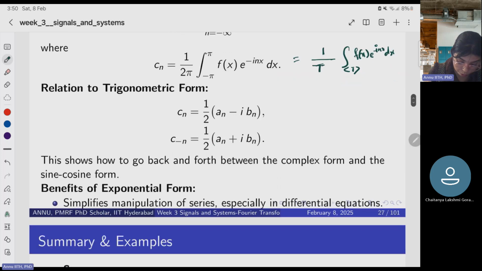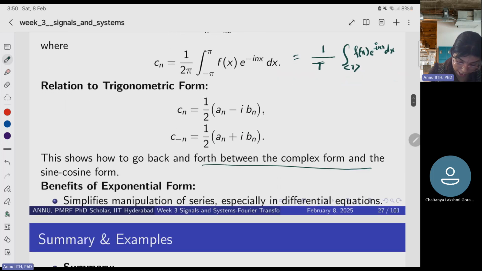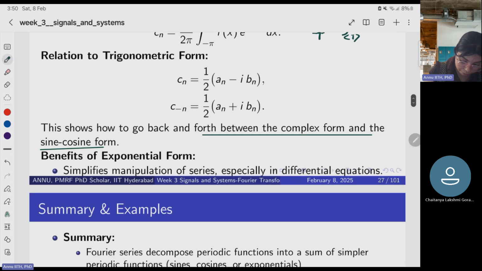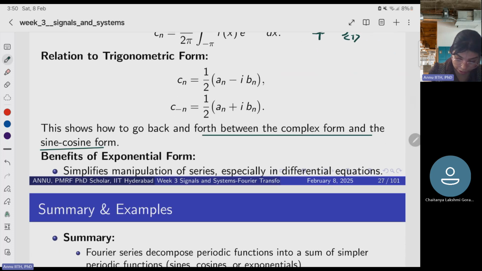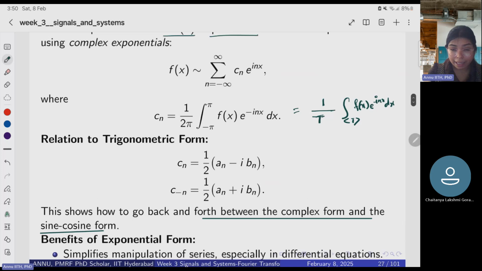This shows how to go back and forth between the complex form and the sine cosine form. It simplifies the manipulation of series, especially in differential equations. So you can represent it in either form: this is the exponential form, and the other one is the sine cosine or trigonometric form.